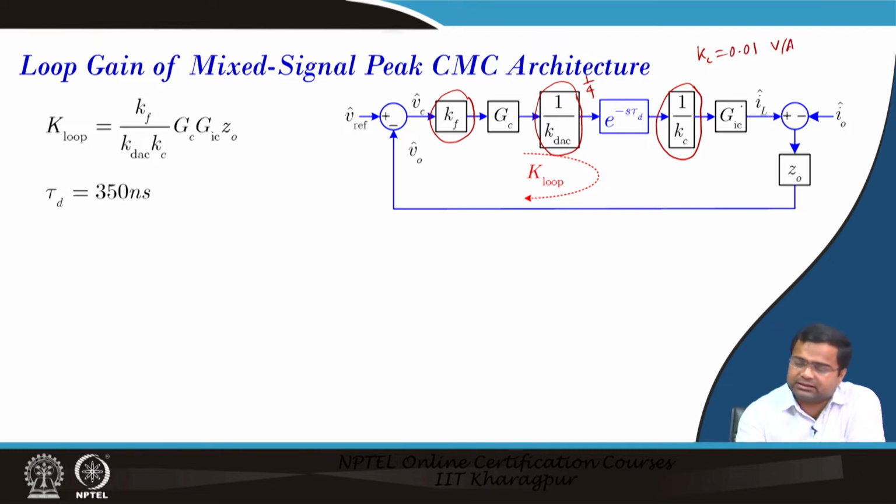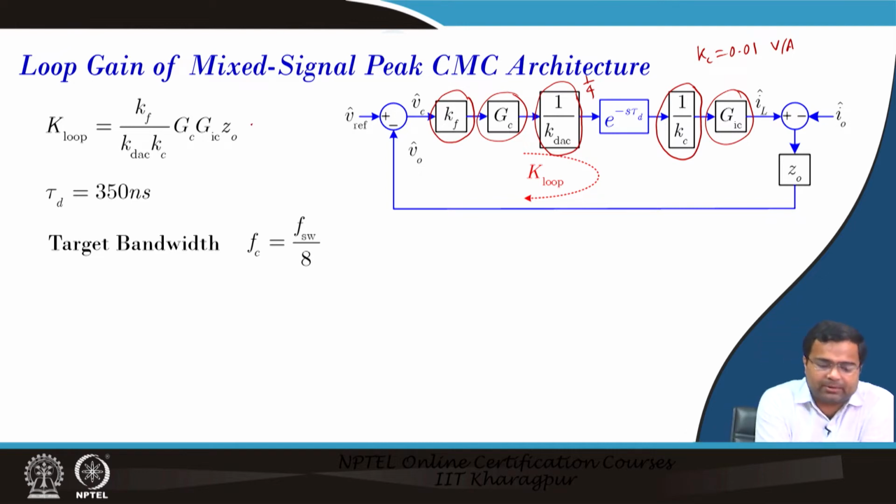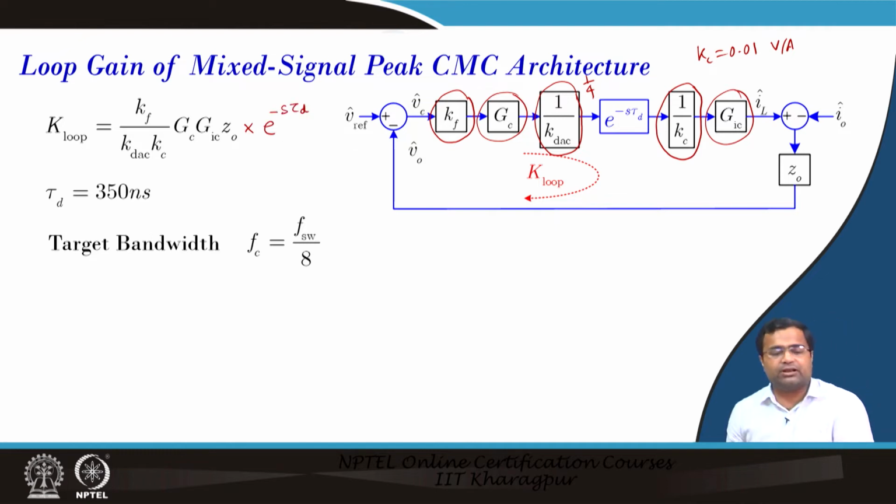Then this is our traditional control current to inductor current transfer function, and this is the controller that we are going to use. In the loop transfer function, we should have an additional e to the power minus s tau d term, because it is part of the loop, and the target bandwidth is Fs by 8.